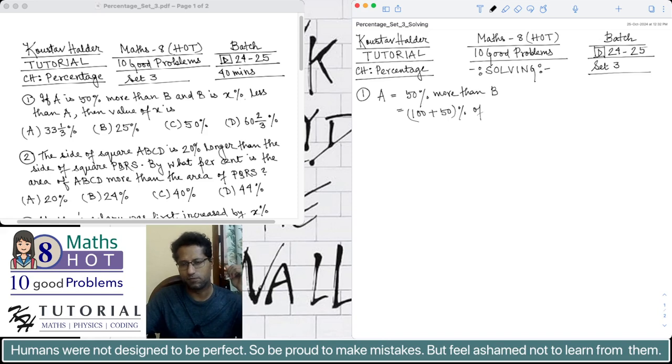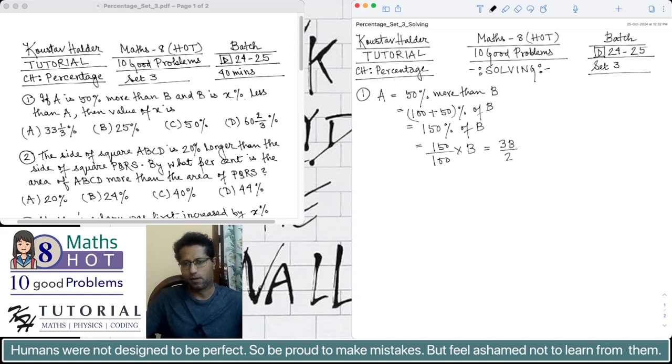So 100 plus 50% of B. Now 100 plus 50 is 150. 150% of B. Now 150% of B means 150 divided by 100 multiplied by B. And if you simplify this 150 by 100, it is 3B by 2. So A is equal to 3B by 2.